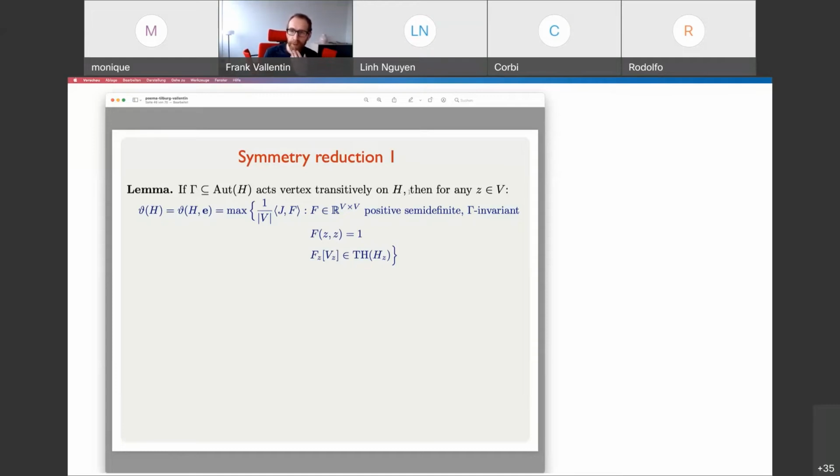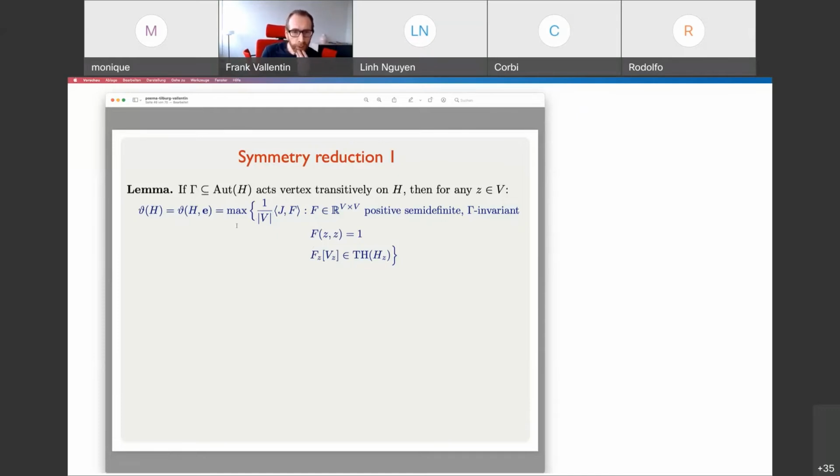Then we can simplify the computation of the theta number a little bit. So then for any z in the vertex set, I can compute the theta number of H, or what this meant is the theta number of H with the constant weight 1, by the following semi-definite program.